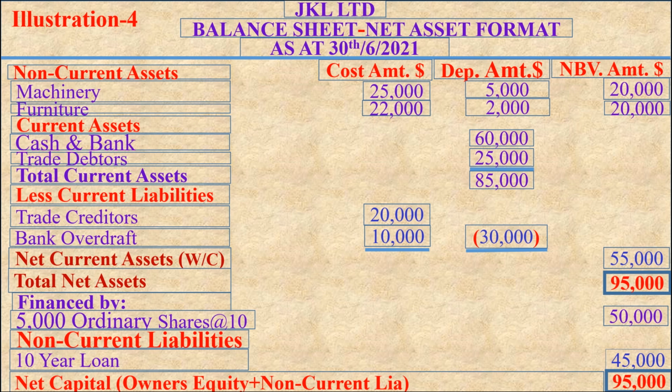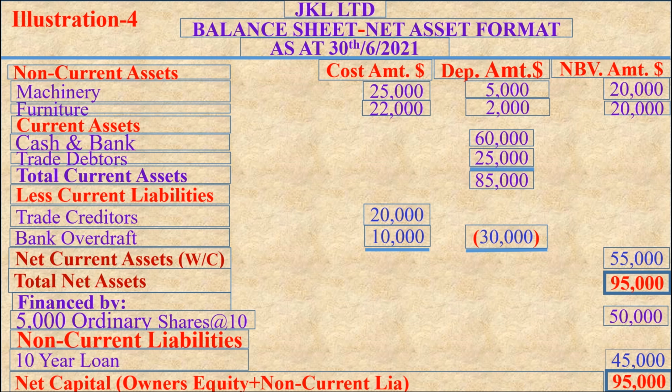And now when we get the difference between the 85,000 and the 30,000 US dollars, the net value of 55,000 will represent the net current asset, which is also referred to as working capital. Now, when we combine the non-current assets plus the net current assets, we get total net assets of 95,000.